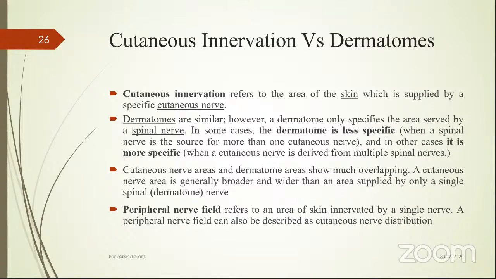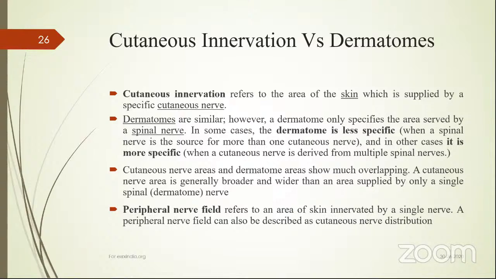When the cutaneous nerve is from different spinal nerves, then dermatome becomes important while assessing. What I'm saying is, if it is purely a cutaneous nerve, starting from a single spinal nerve, and this nerve is going to be affected, whatever you get from that assessment is very important. The dermatome gets a lower stand, that is less specific.